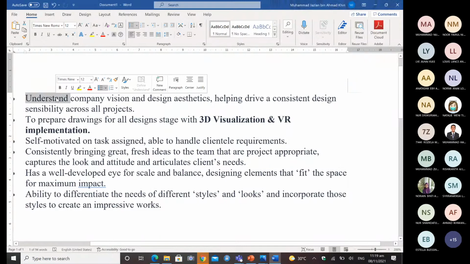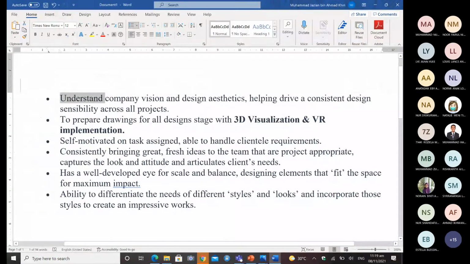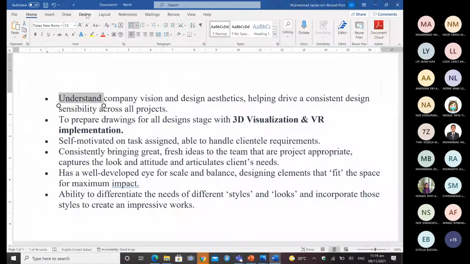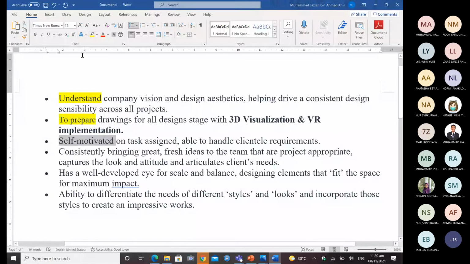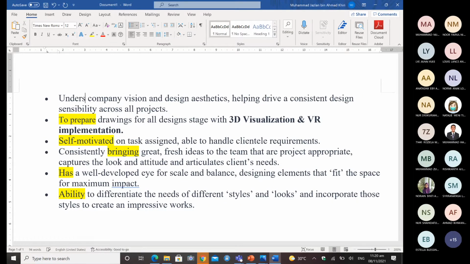If I ask you to make this as a work experience, first of all, you need to indicate the verbs. The following words which I have highlighted here are the verbs. This one, in past tense, becomes understood.